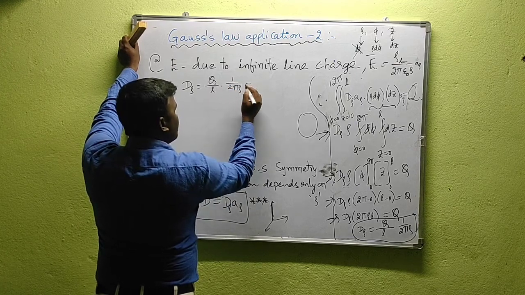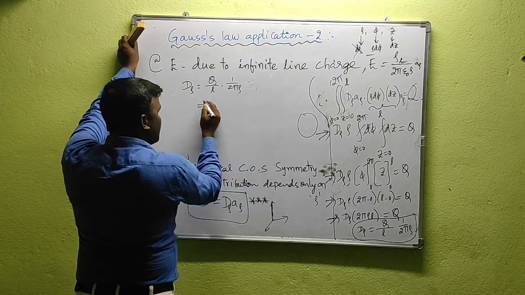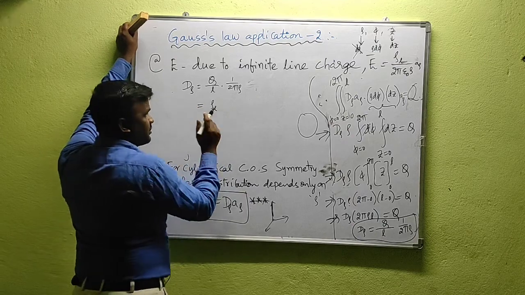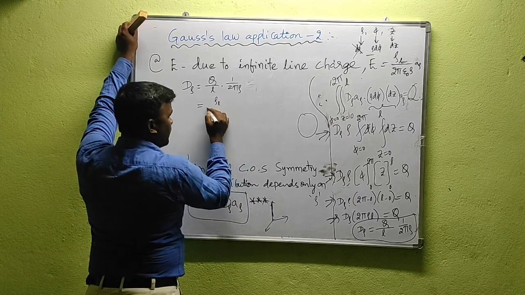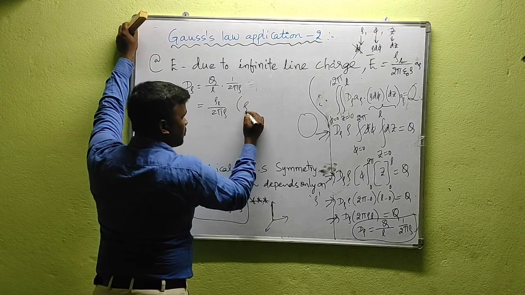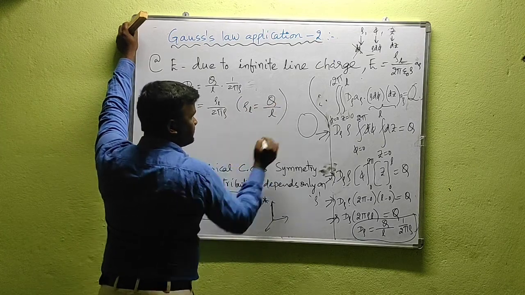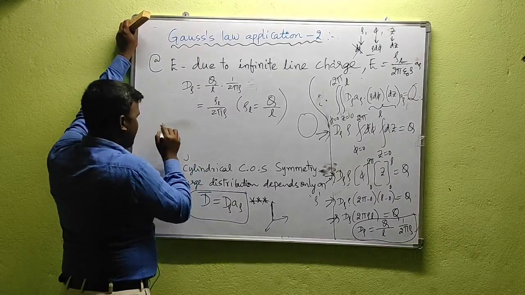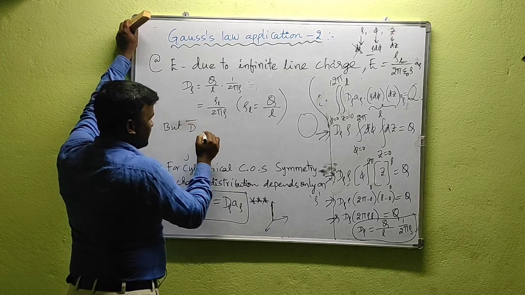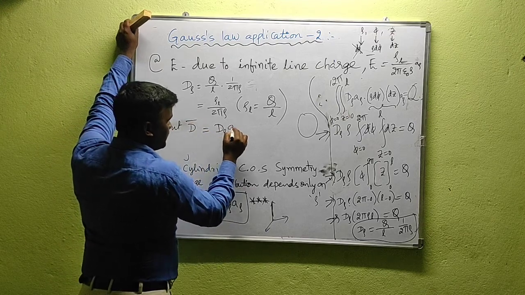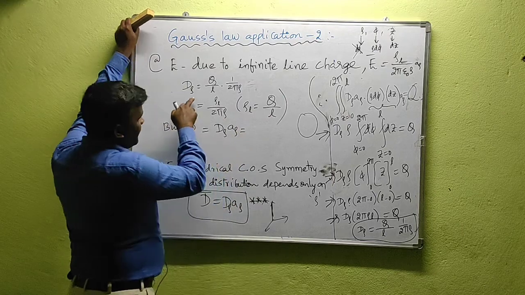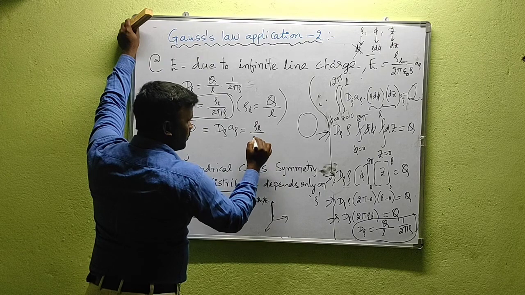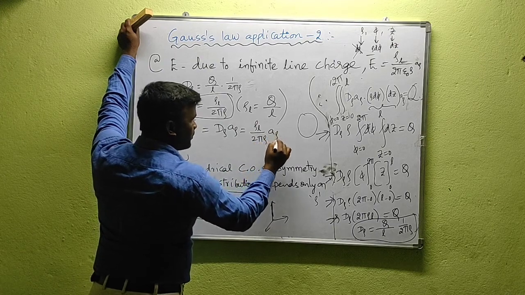Q by L is the charge per unit length, the uniform line charge density rho_L, since rho_L equals Q by L. So D_rho is rho_L by 2 pi rho. But D equals D_rho a_rho, so D equals rho_L by 2 pi rho into a_rho.